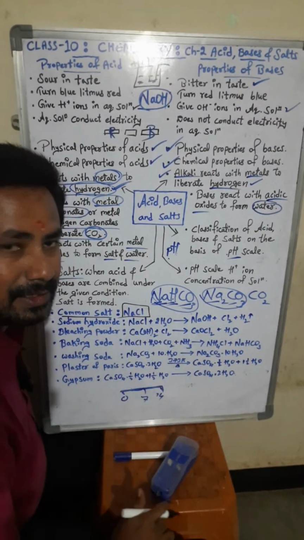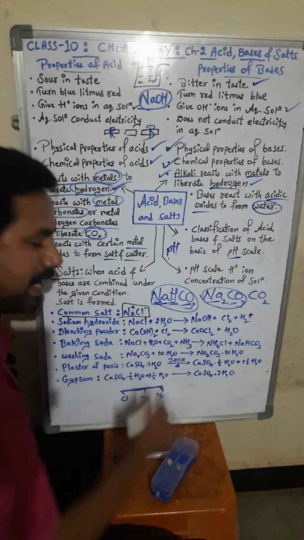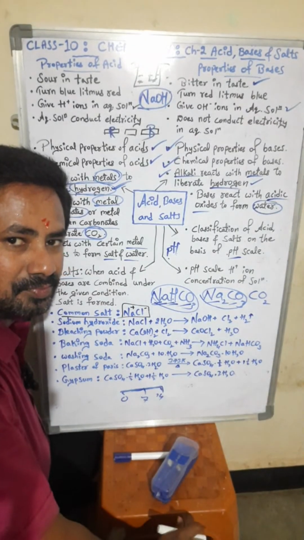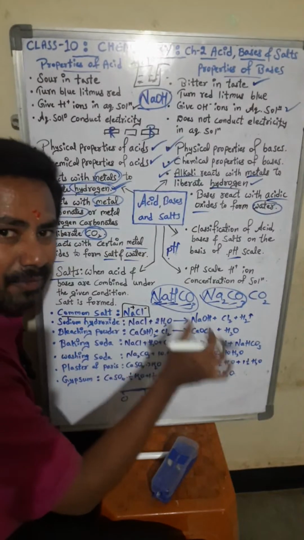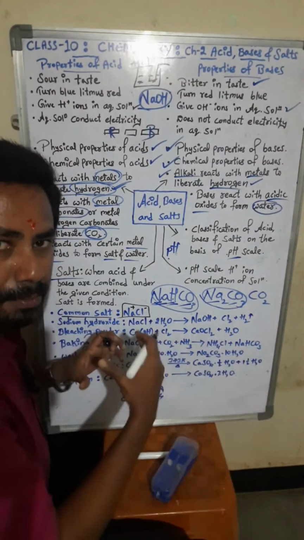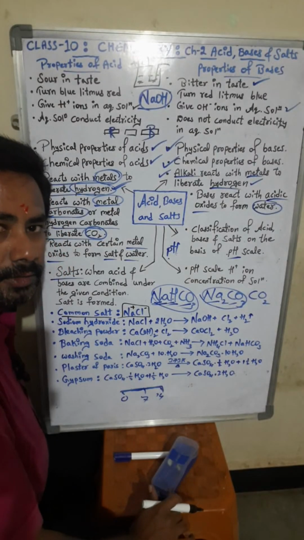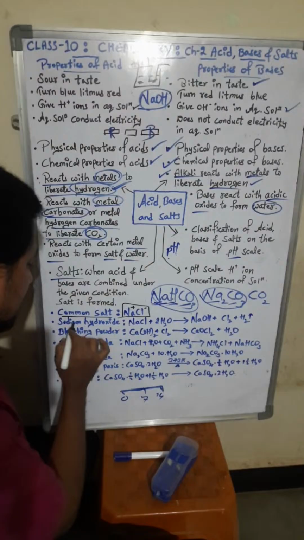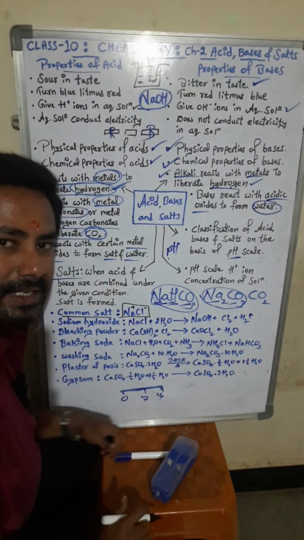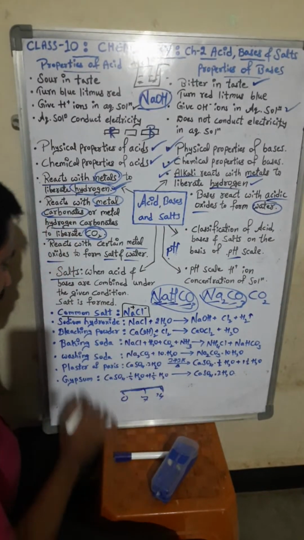Sodium chloride, Na plus, Cl minus. One metal and one non-metal, when they combine, they become a compound. So this is an example. Common salt formula is NaCl.